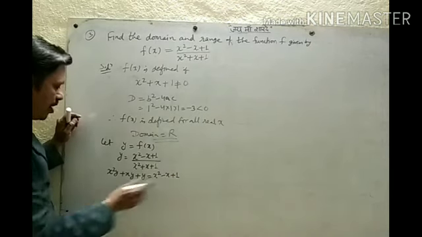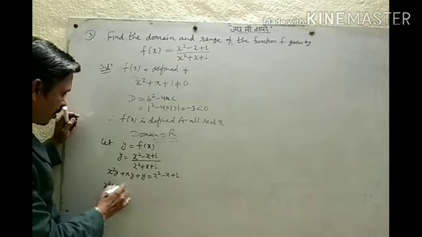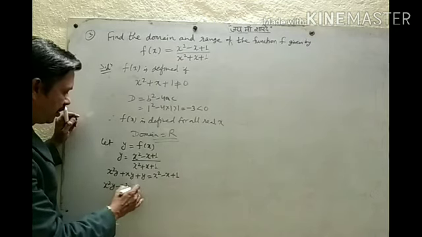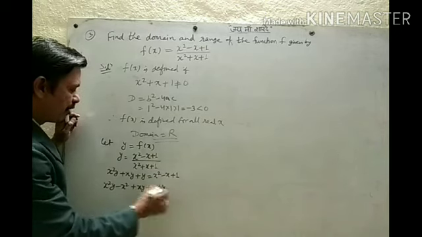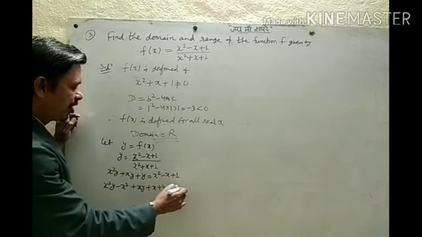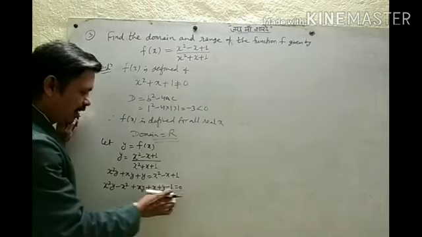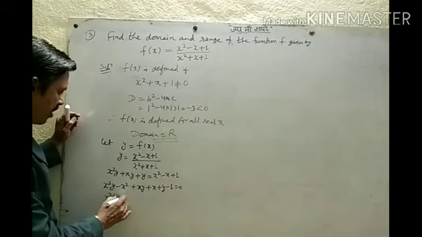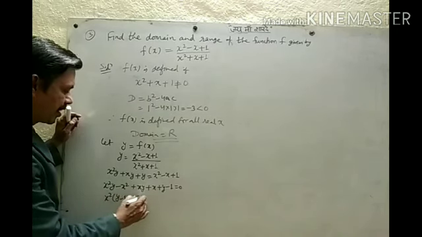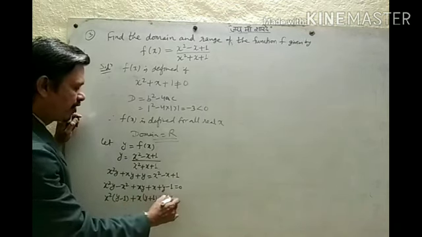Then bring all terms to one side: all terms containing x square together, x together and the constant together. Now x square is common, so you get (y minus 1), plus x is common here, you get (y plus 1), and this is the constant term free from x.